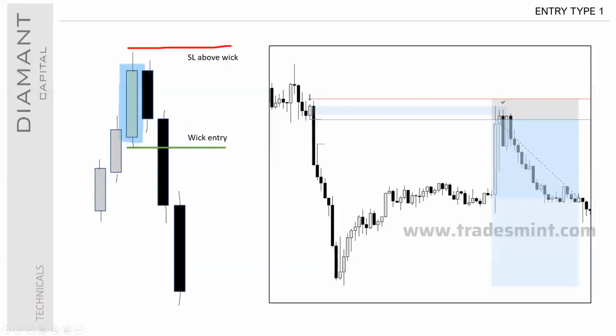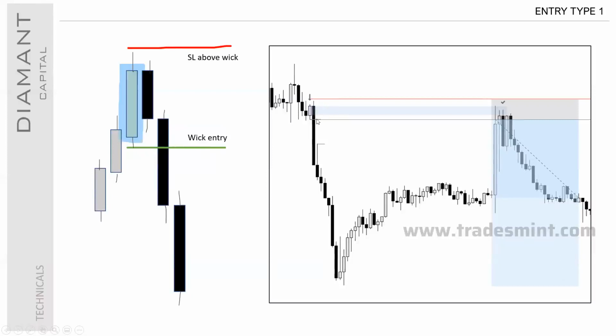Now, how do we use this? You've got different types, different entry points. The first one, I would say, is the wick entry, depending on how big the candle is, because sometimes, as you can see from my cursor, on this candle right here the wick is very far from the body. But because we're looking at a refined entry of this order, you've got to understand one thing.